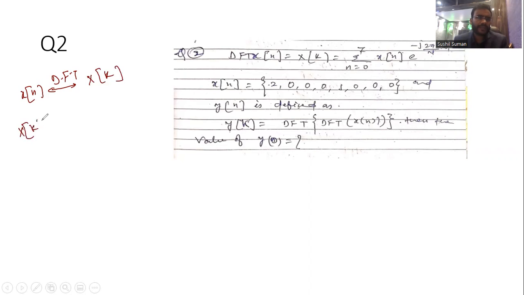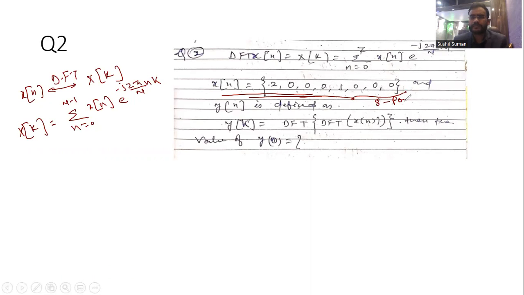And X of k is the summation running from n equal to 0 to n minus 1 of x of n e raised to power minus j 2 pi by N into nk. This is the DFT equation. You have given x of n. This is an 8-point DFT, so N equal to 8.